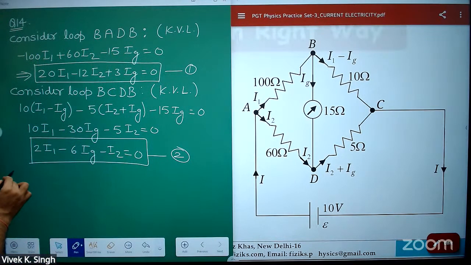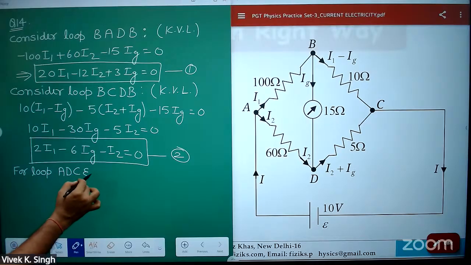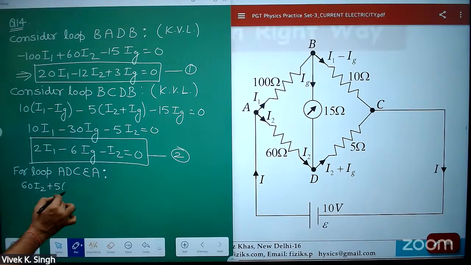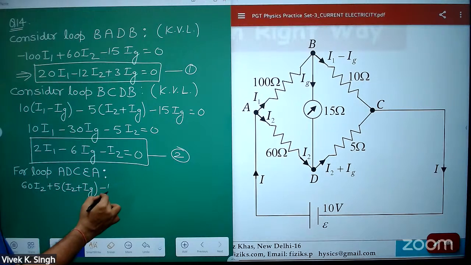Now for loop ADCEA, if you apply KVL in this loop, this is 60 into I2 plus 5 (I2 plus IG) minus 10 volt.